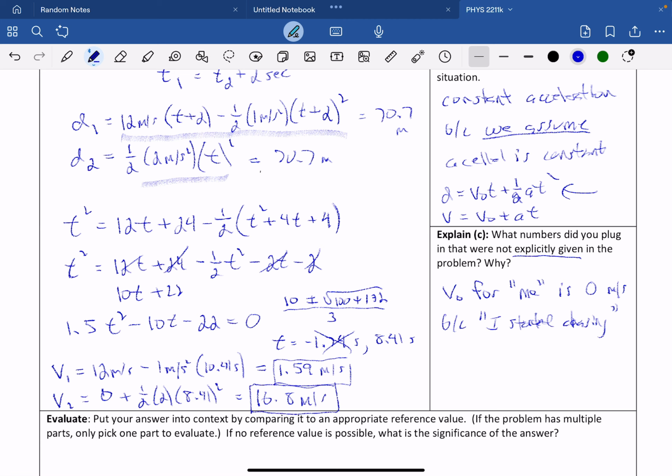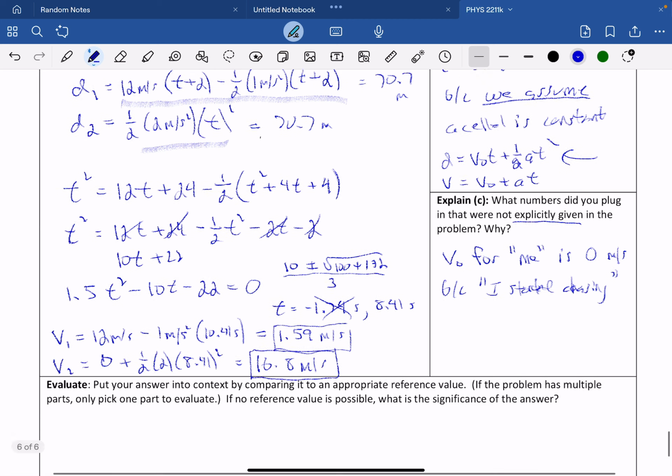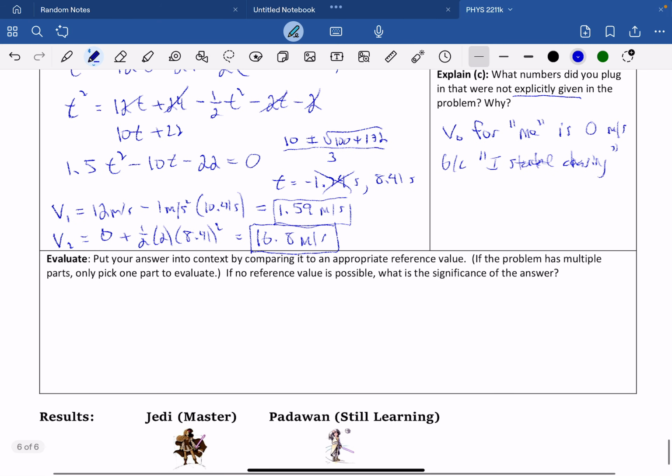Okay, so finally, we want to evaluate the answer. Put your answer into context by comparing it to an appropriate reference value. And it says if the problem has multiple parts, pick just one. So I'm going to pick my velocity.